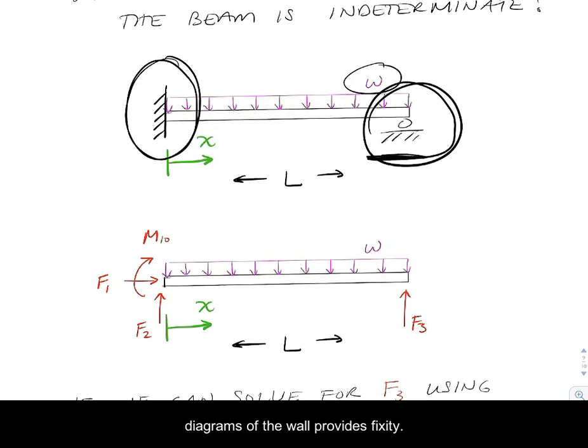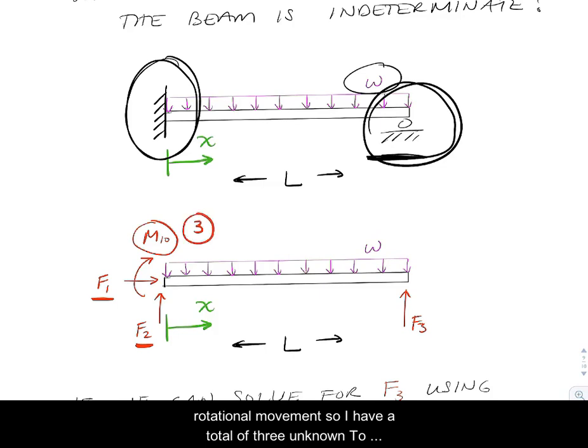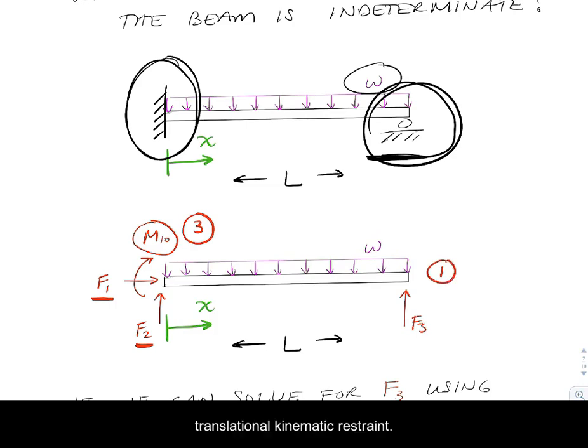The wall provides fixity from translation, which is modeled by F1 and F2, and also from rotational movement. So I have a total of 3 unknowns at the left end. We have a roller support which provides 1 translational kinematic restraint.